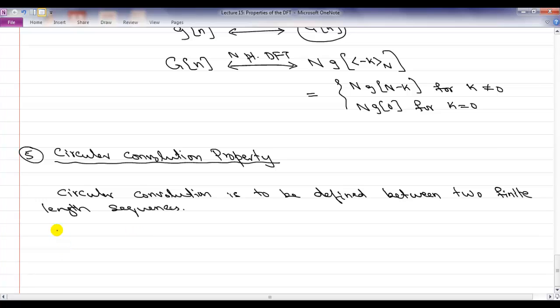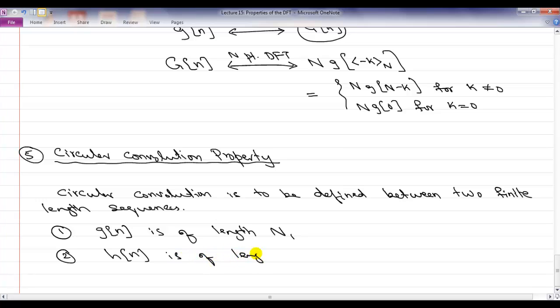So the setup is similar to DFT. Let's say we have a sequence g[n] of length N1, and h[n] of length N2.